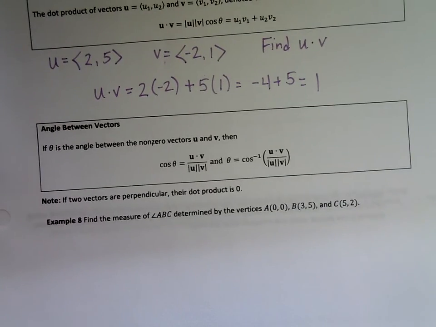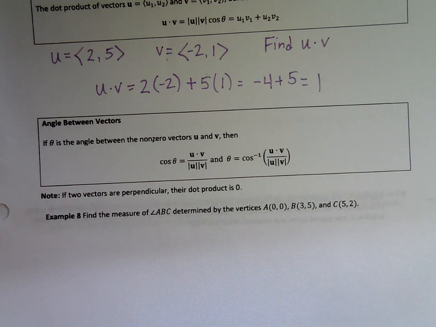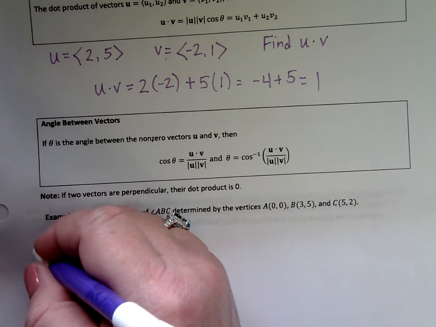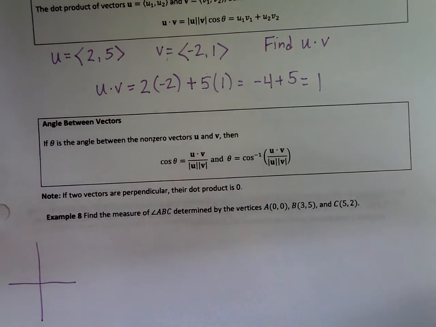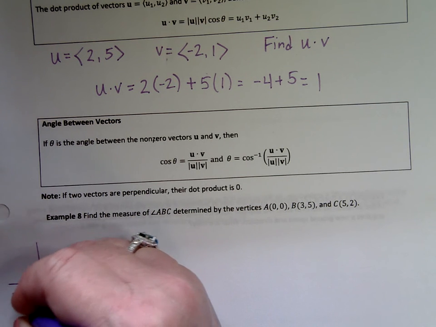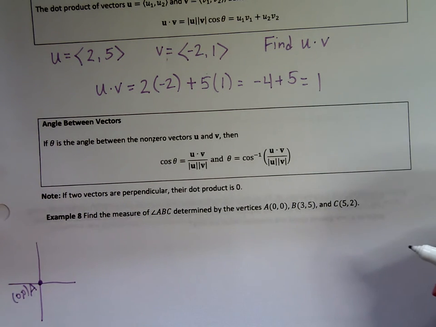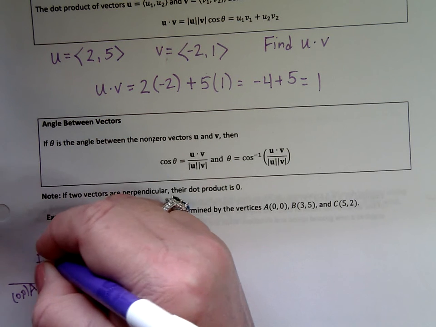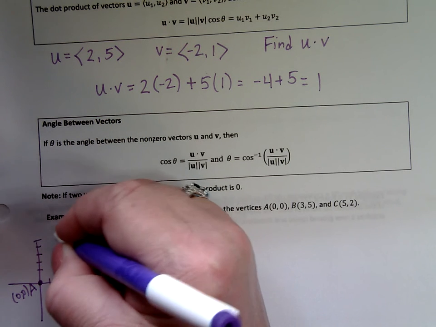Example 8. Find the measure of angle ABC determined by the vertices 0, 0, 3, 5, and 5, 2. I did a quick little sketch because I'm all about the visual. A was at 0, 0. B was at 3, 5.